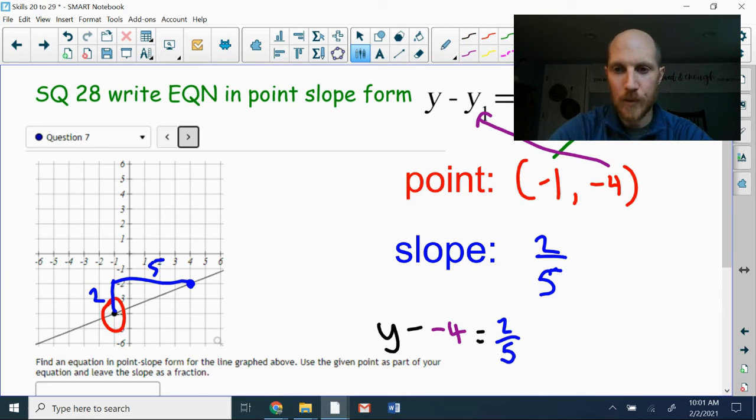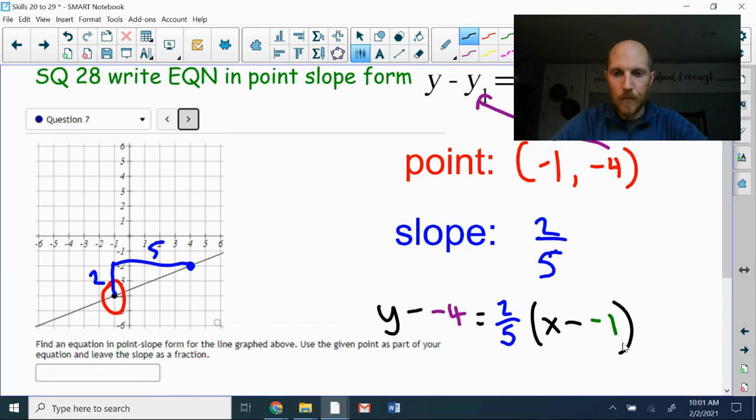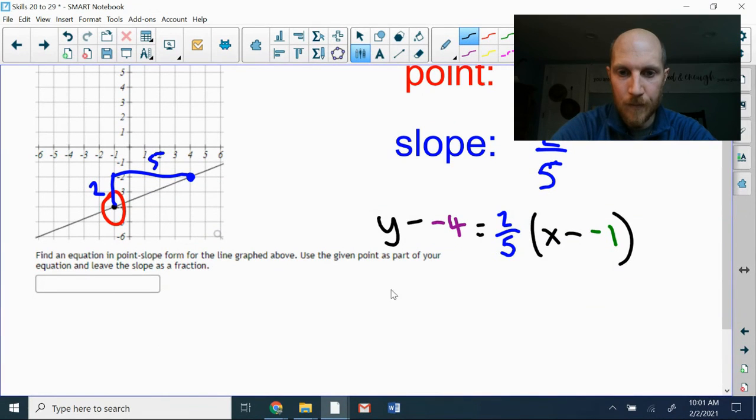I haven't done that yet, but I will. And then parentheses x minus, and that x coordinate is a negative 1. I will also change that minus a negative to make it a positive number for my final version. So y plus 4 equals 2/5 times (x plus 1).